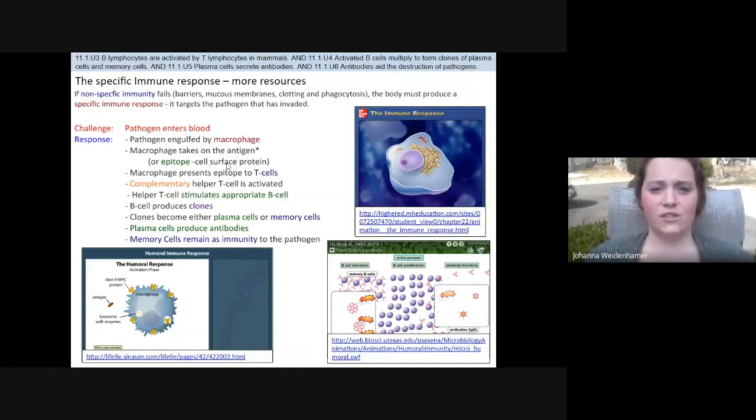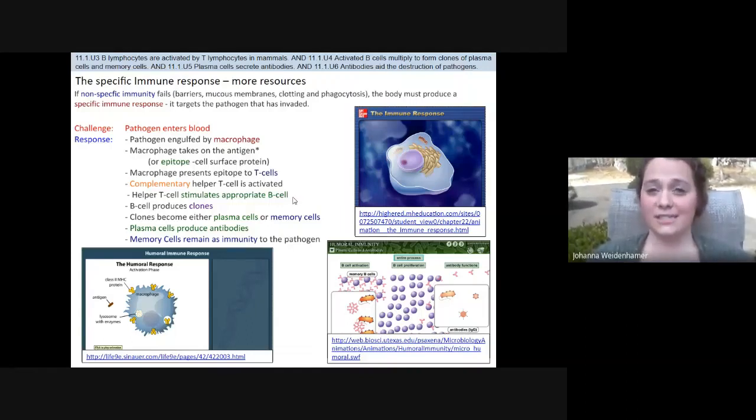So that cell surface protein is going to make the macrophage, or the phagocyte that engulfs the pathogen, take on that antigen that was present on the cell surface of the pathogen. So we're going to present that epitope to T cells. Now we know that T cells are another type of lymphocyte. So complementary helper T cells are going to be activated.